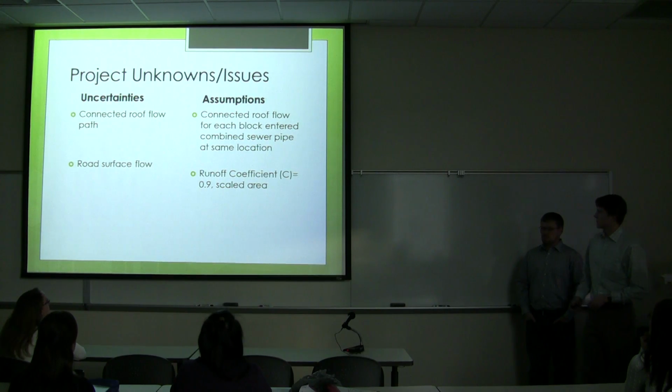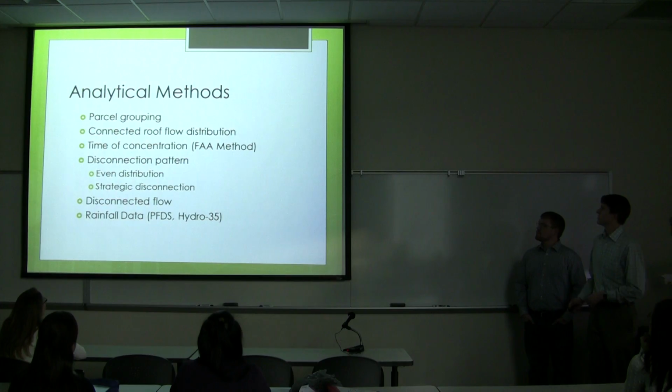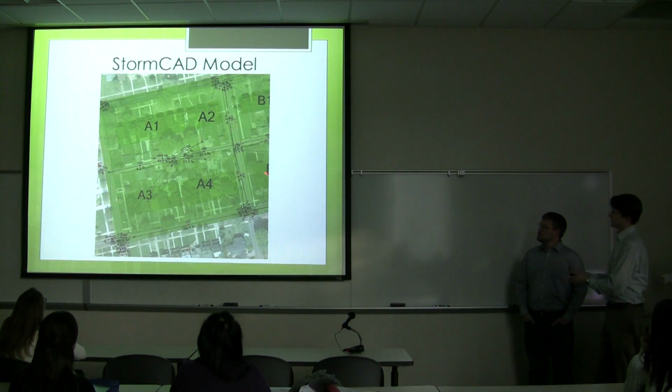So we connected each of the 4 blocks into the combined sewer at the same location. You can see here's one block, and here's the flow from each section of connected roofs going to the combined sewer at the same location.